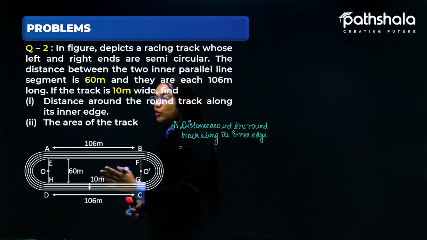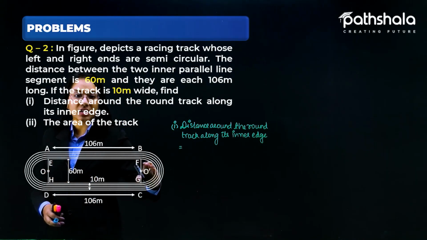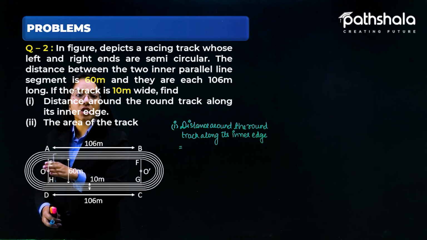as you can see, we have two semicircles over here. This is my first semicircle, this is my second semicircle. We just have to find the circumference of these semicircles, because we only have to find the distance. Both would be equal to each other.